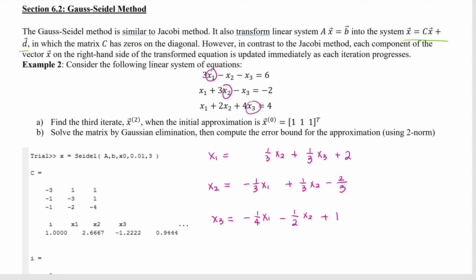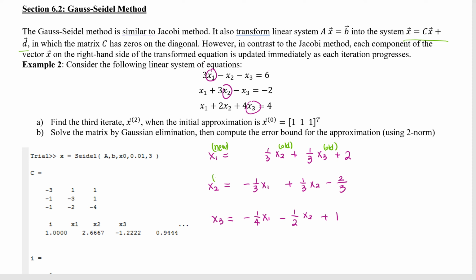Do you still remember the Jacobi method? We wrote this in terms of matrix C and constant vector d. But for the Gauss-Seidel method, we don't do that. What we do is put an index on it. The first component of our new vector, x1, is 1/3 times the second component of the old vector, plus 1/3 times the third component of the old vector, plus 2.